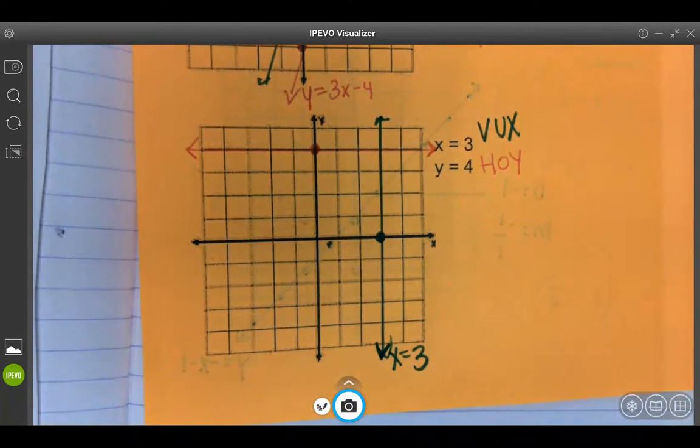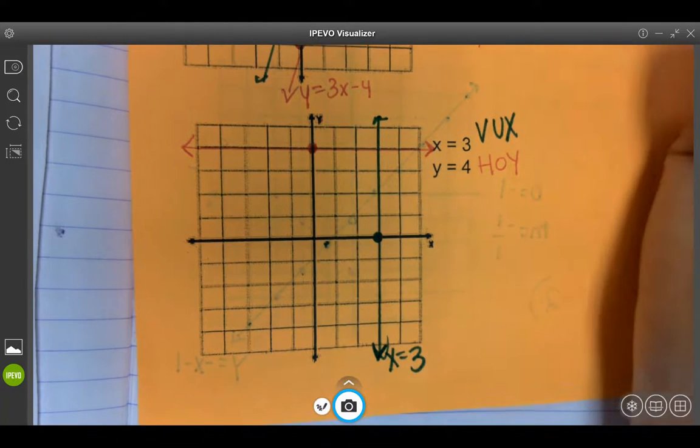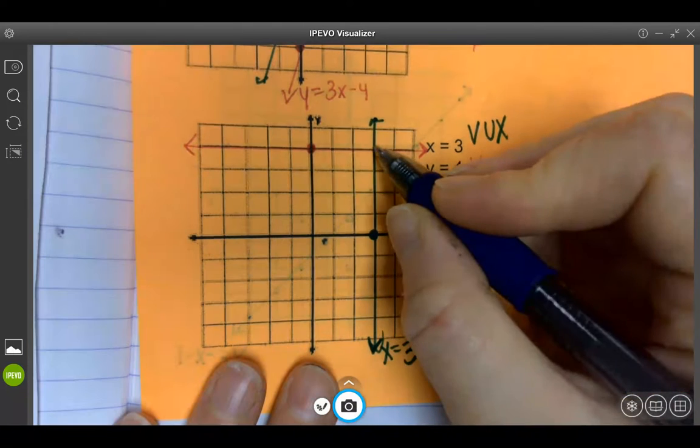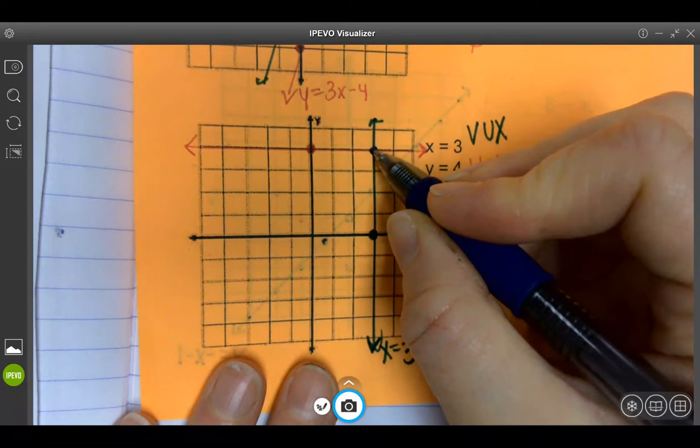So we have a horizontal and vertical line intersecting. So we need to write what the intersection is. So it's right here.